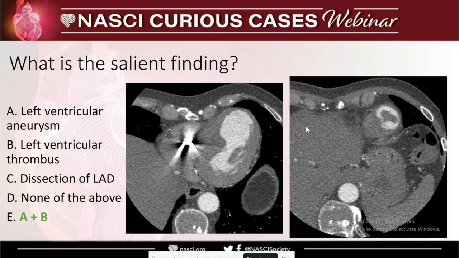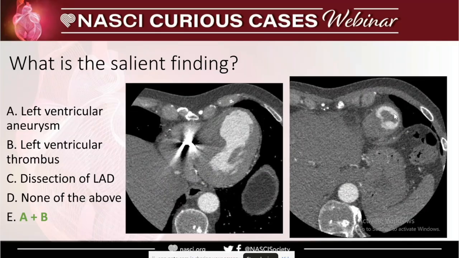And if we go further down, we can see that the aneurysm progresses. And we see that there's hyperdense material which has to be thrombus. This thrombus, you can see that it's not organized. So it means it's not adherent to the actual ventricular wall, which means it can embolize and cause brain infarct, and it can cause splenic infarct and kidney and anywhere.